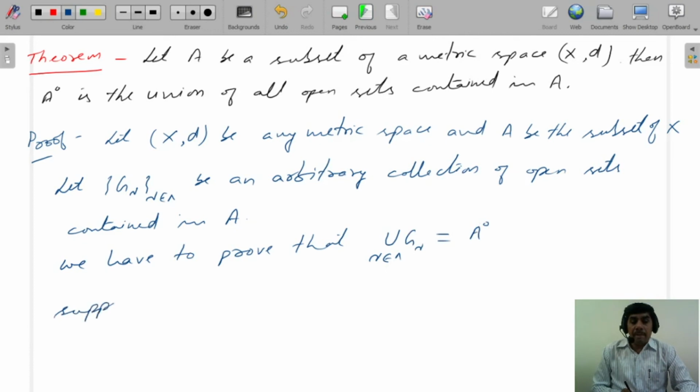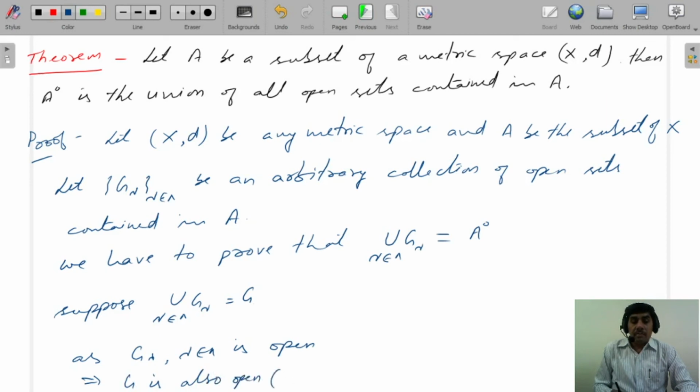Suppose the union over lambda belongs to indexing set of G_lambda is equal to G. As each G_lambda is open, this implies G is also open, because an arbitrary union of open sets is open.